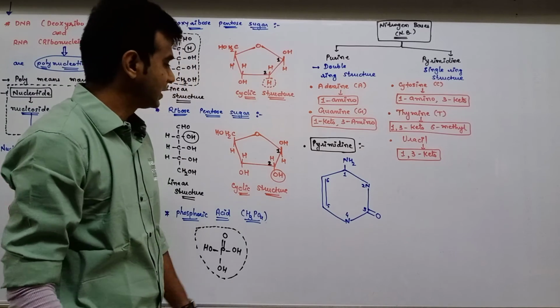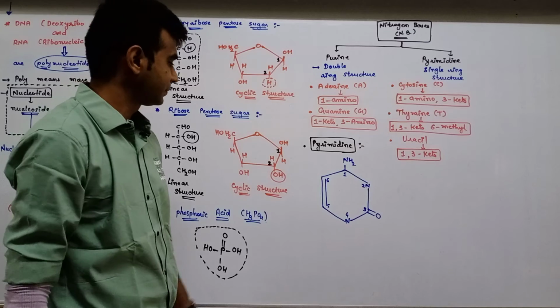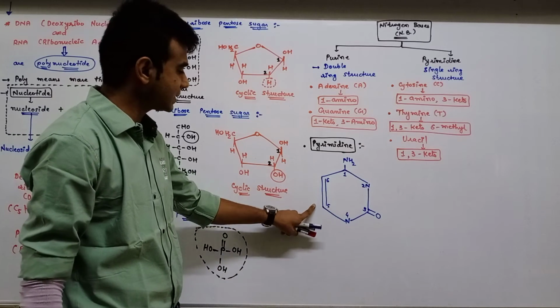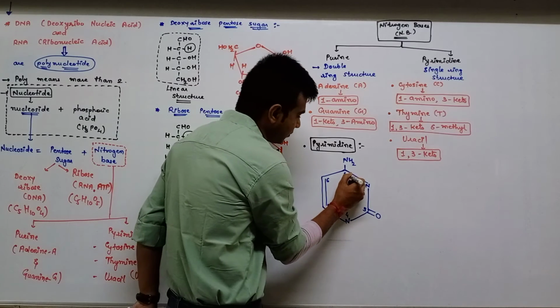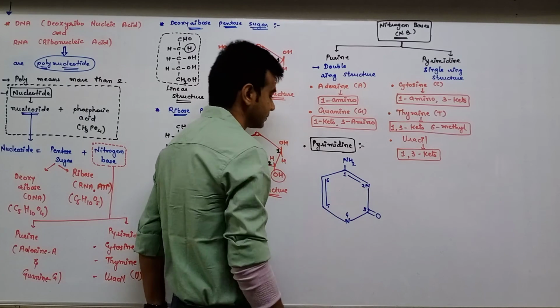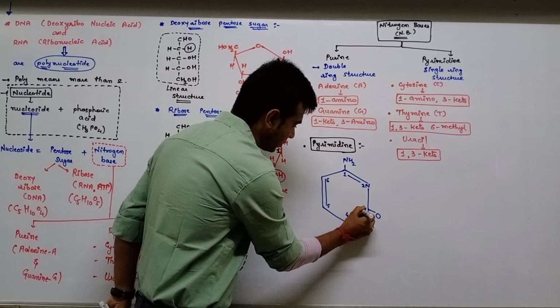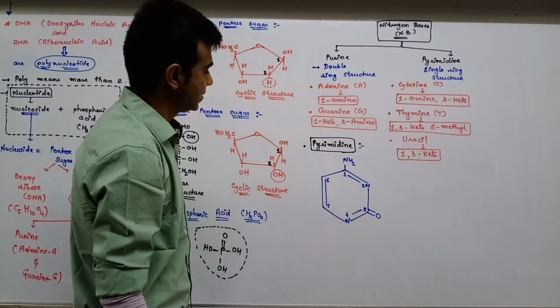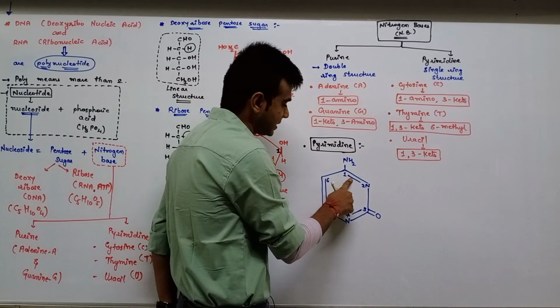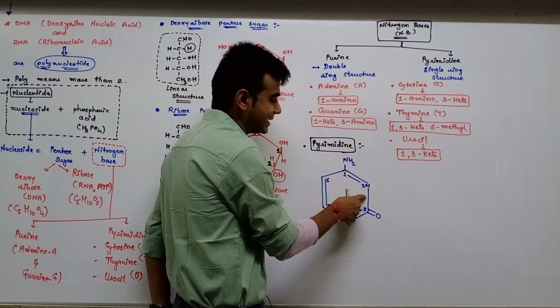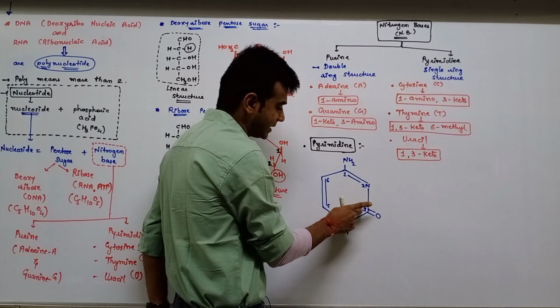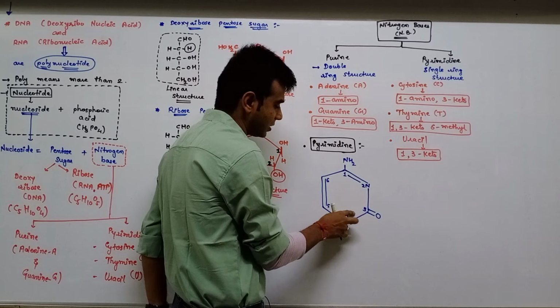Next rule is that between this 5th and 6th carbon, 2 bonds are there. So put an alternate bond here, and put an alternate bond here. Now when I put the alternate bond here, nitrogen has completely 3 valency, but carbon has 5 valency. So this is not possible at all.